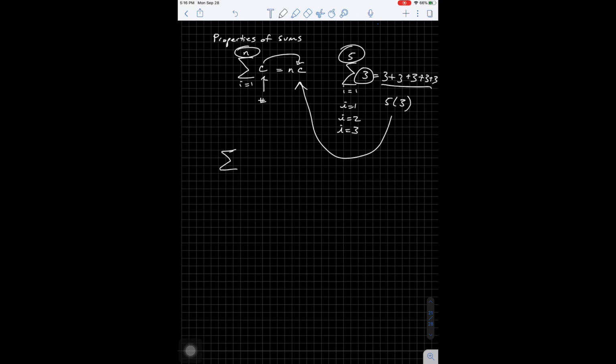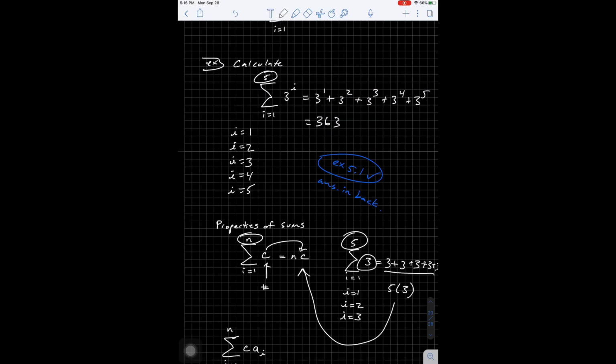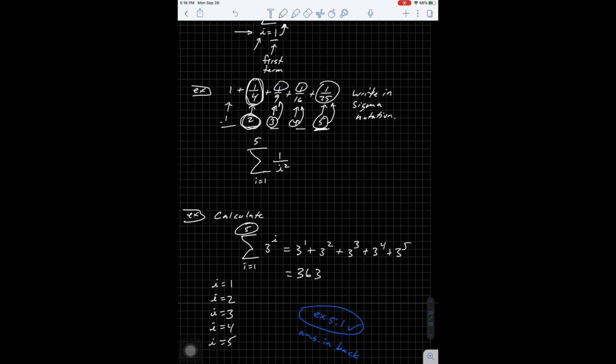Another property is that if you have c, again, a number, a constant, times some function of i. This is how we notate some kind of combination of i's, some formula for that term. So I've got a number times some kind of formula, like for example, a 2 times this formula here.